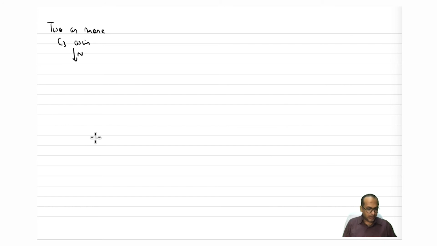So does the molecule contain a proper rotation axis? That means the next question is whether there is a Cn present or not. Cn, if it is a yes versus no. Let's say if there is no Cn axis, then is there any plane?